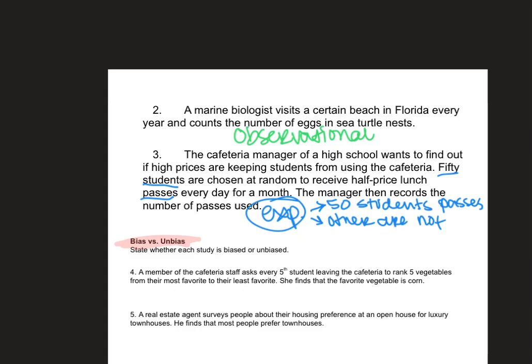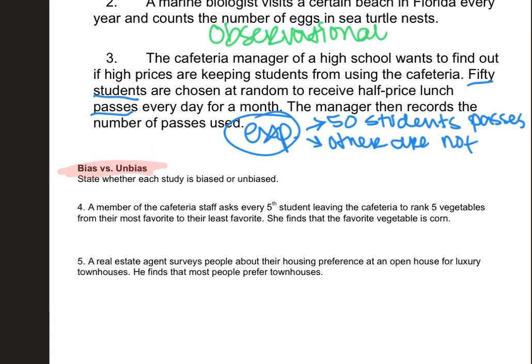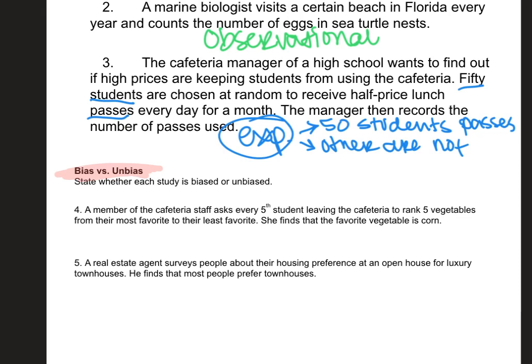All right? So biased is when you're favoring a certain group. Unbiased means you're not favoring a certain group to get your results. Okay? So for number 4, it says, a member of the cafeteria staff asks every 5th person leaving the cafeteria to rank 5 vegetables from their least favorite to their most favorite.